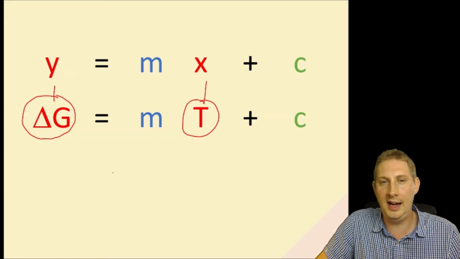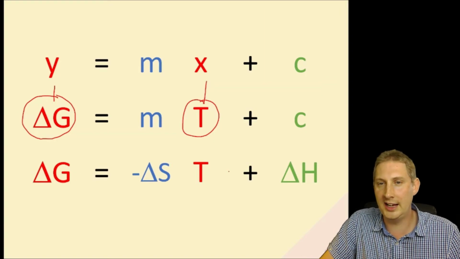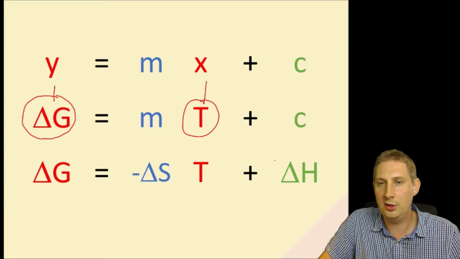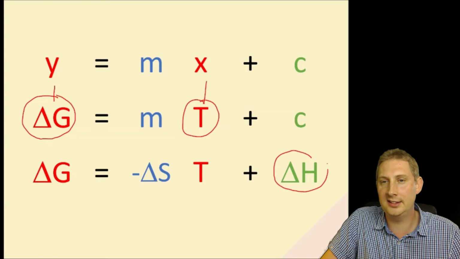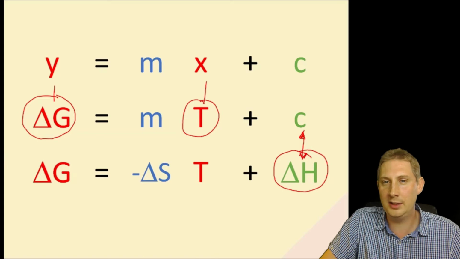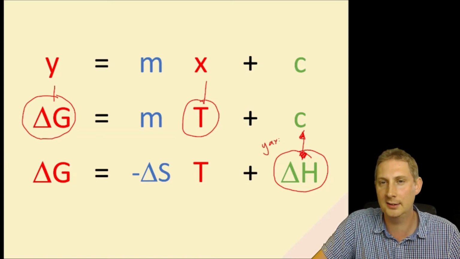And if we do that, we can see delta G equals delta H minus T delta S. So if we plot this, we can see that the intercept on the y-axis is going to be delta H. We can read that off the graph where it crosses the y-axis. So y-axis intercept.